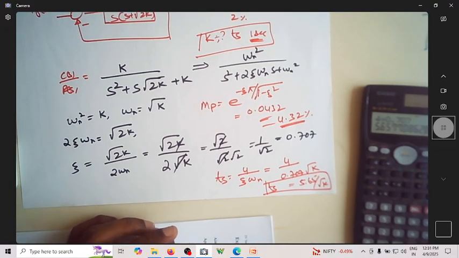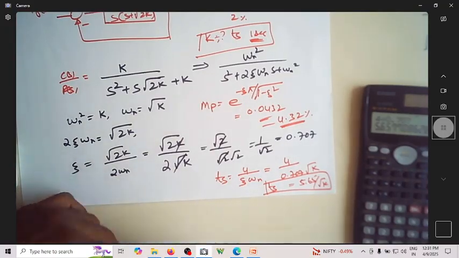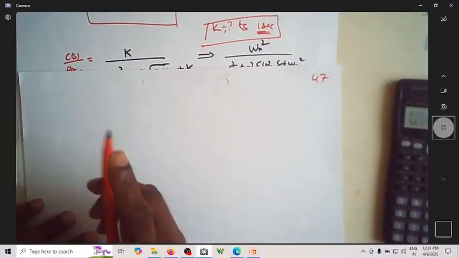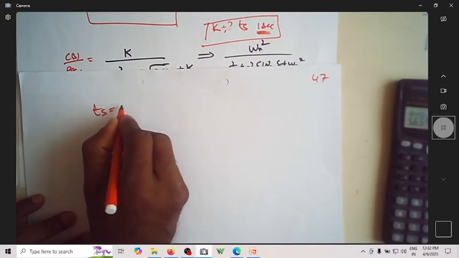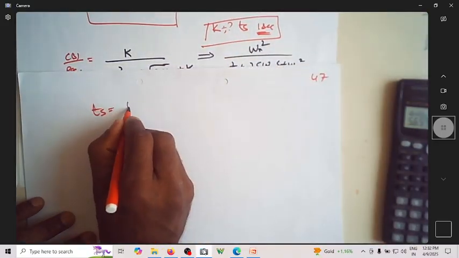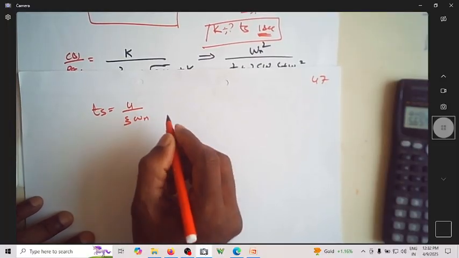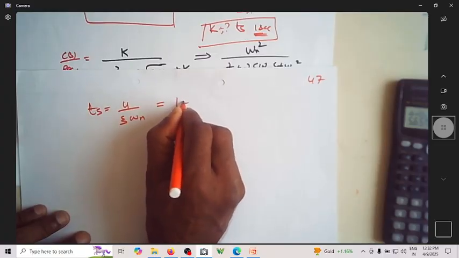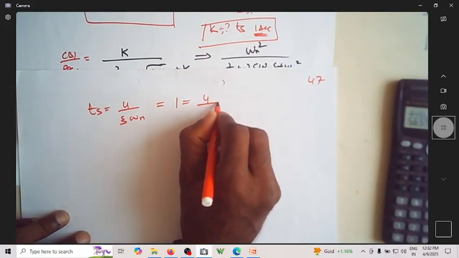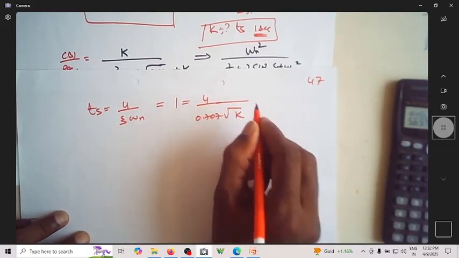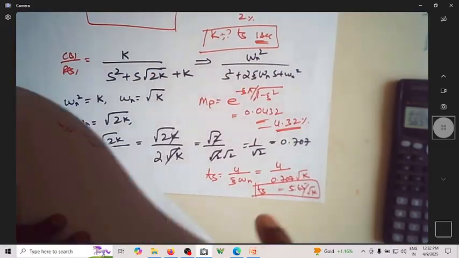What you are supposed to find is the value of K. So Ts is equal to 4 by ζωn, because you are asked to find for 2%. Now this is equal to 1 second, equal to 4 over 0.707 root of K, correct?